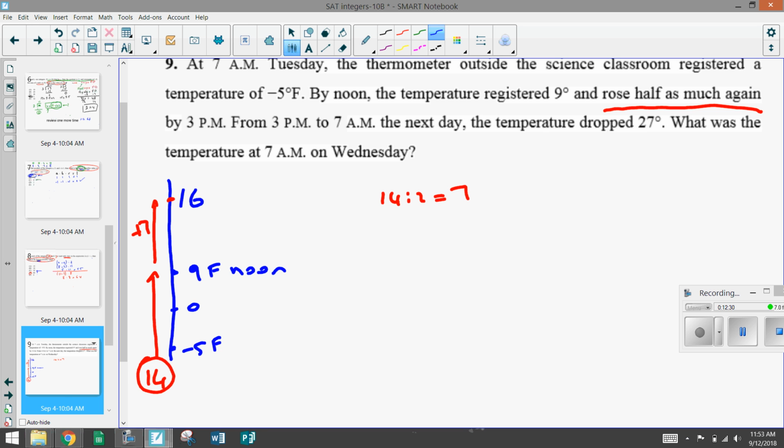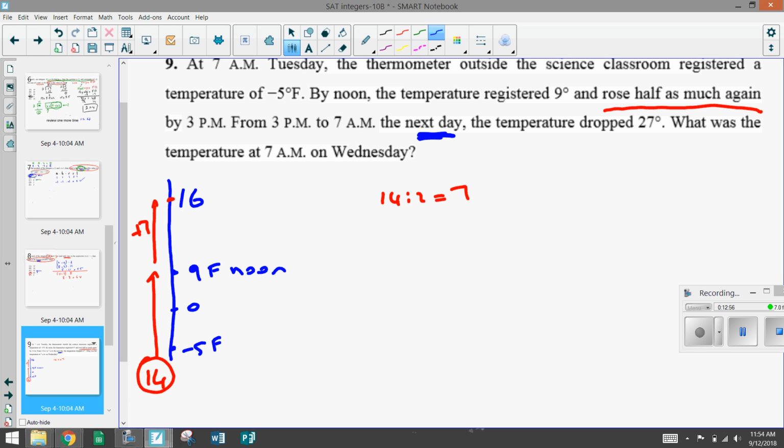And so we continue. The next day, this morning at 7 a.m., the temperature dropped 27 degrees. What was the temperature at 7 a.m. on Wednesday? Oh, so we're at 16. Subtract 27.